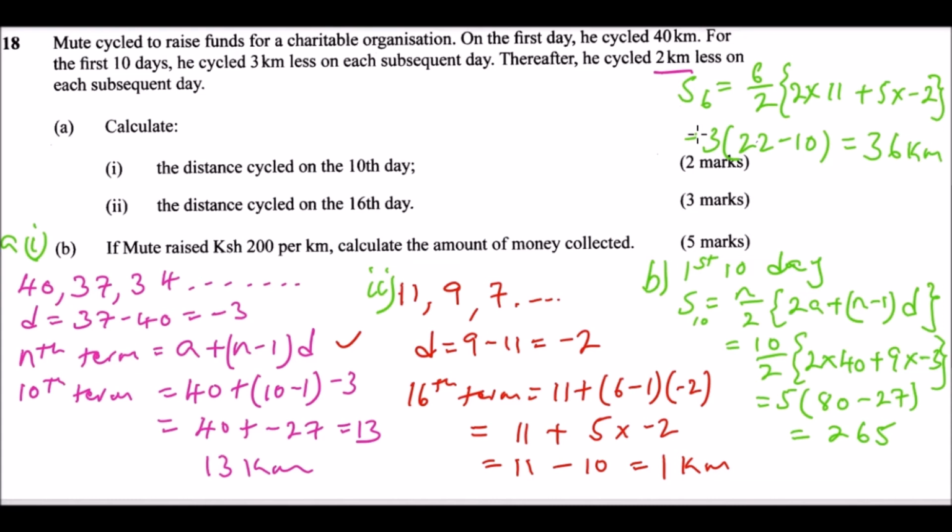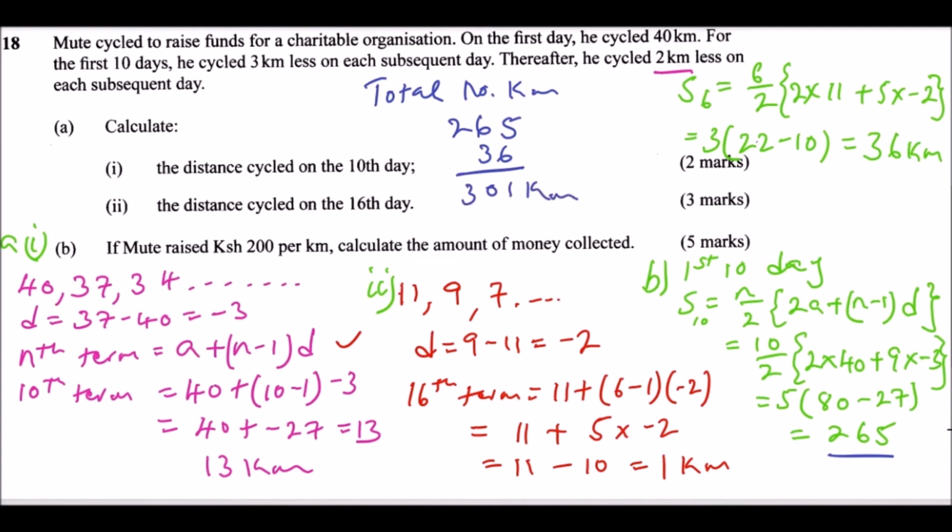From there, we get the total distance traveled, the total number of kilometers. We had 265. You add to that the 36 kilometers, and you get 301 kilometers.